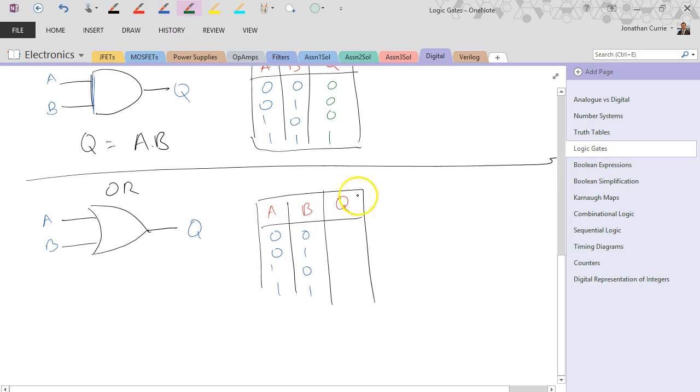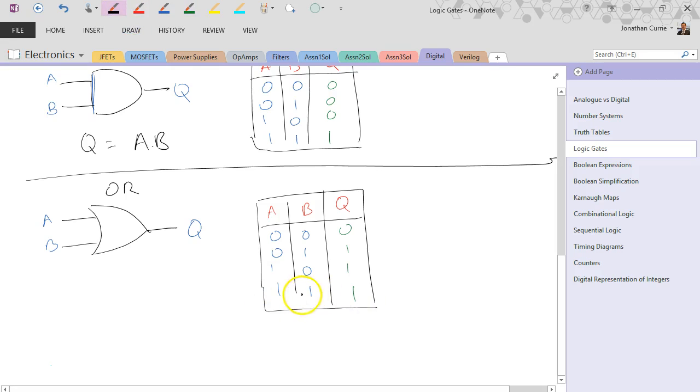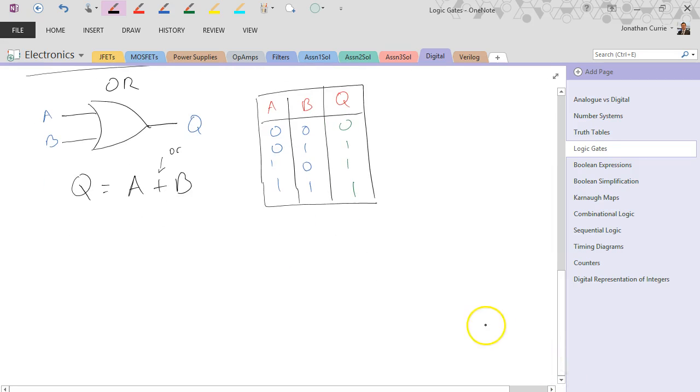Our output, an OR gate says if A or B. So A or B? No. A or B? Yes. A or B? Yes. A or B? Yes. Right, so if either A or B is high, then the output is high. And in Boolean, it is written as A plus B, where plus is the OR operator, multiply is the AND operator.